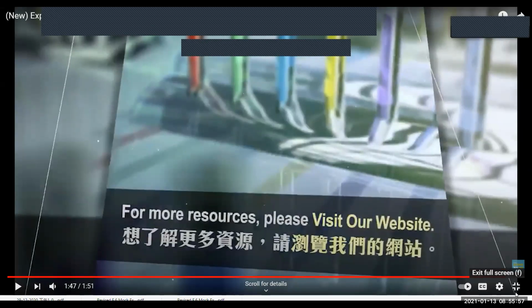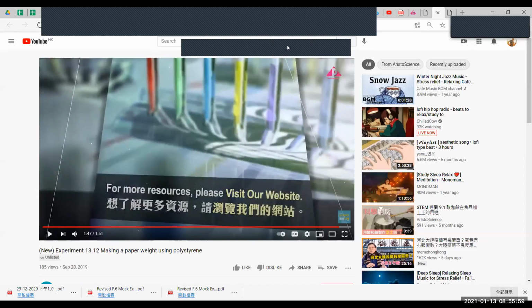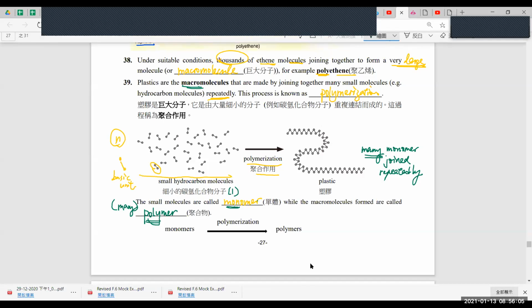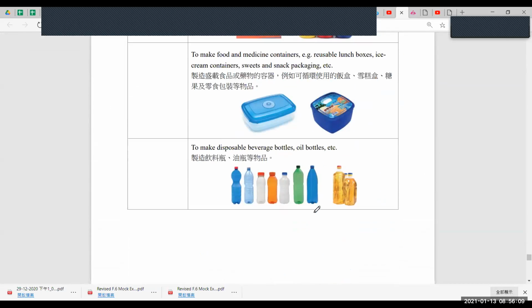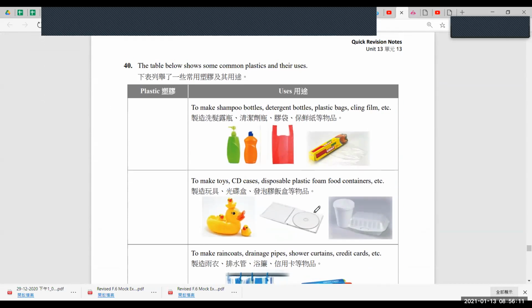So what is that plastic? We call that polystyrene. Which one is polystyrene? How do you know? This is the crystal clear structure.